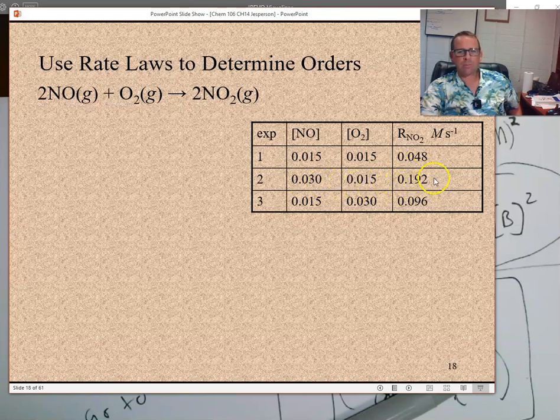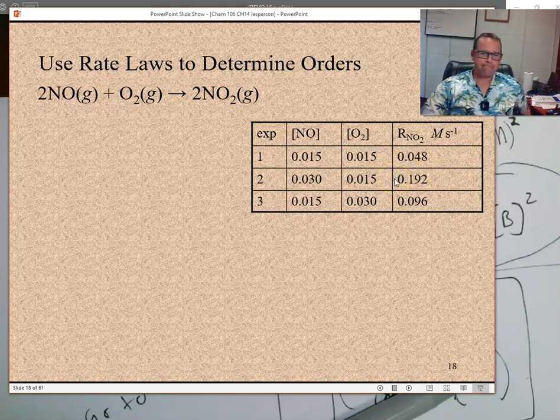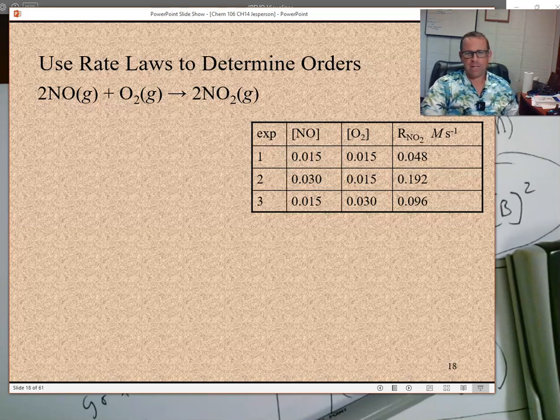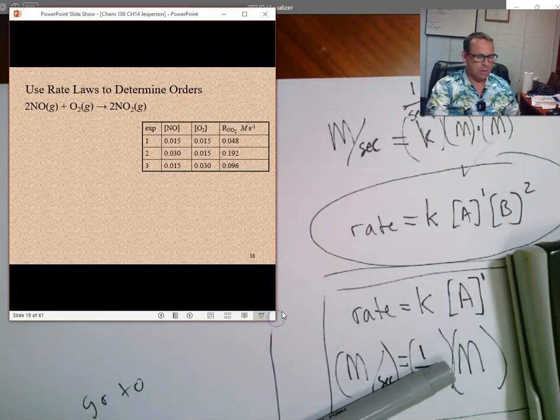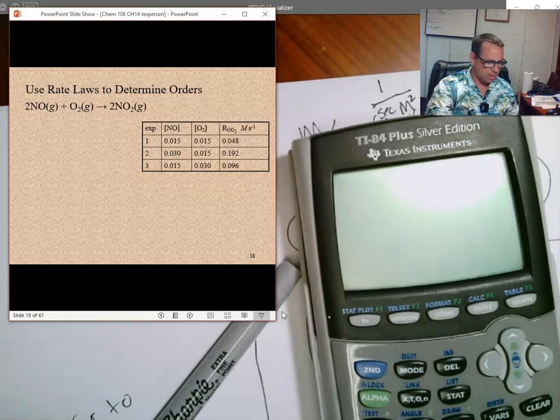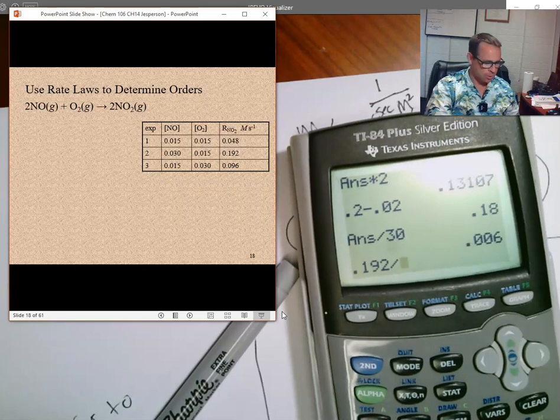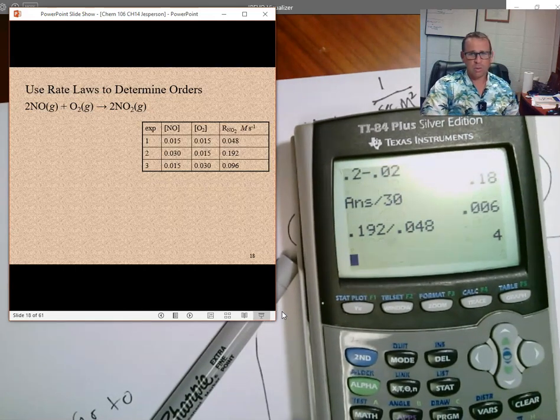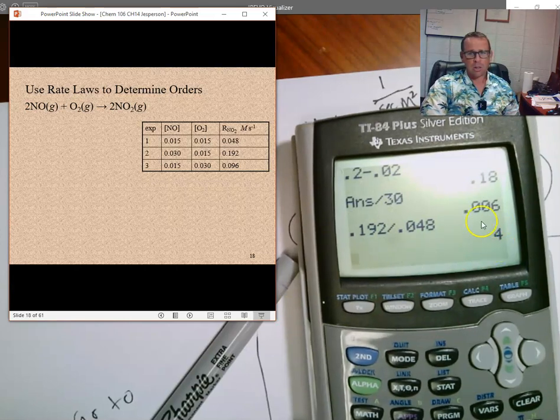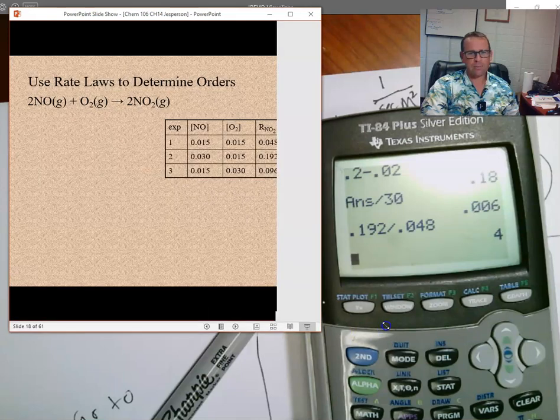It over doubled it. What did it do to it? Well, we can determine that by taking our 0.192 divided by what our initial rate was, 0.048. True? Yes. So it quadrupled the rate, right?